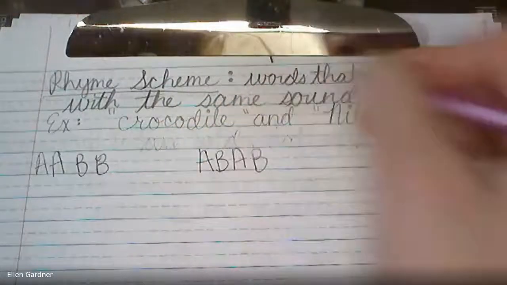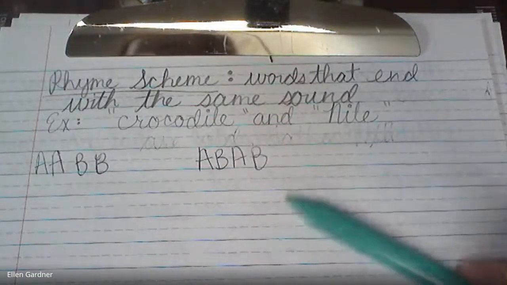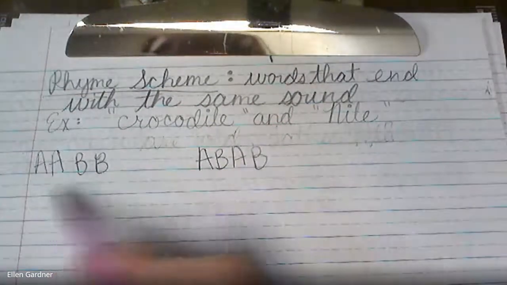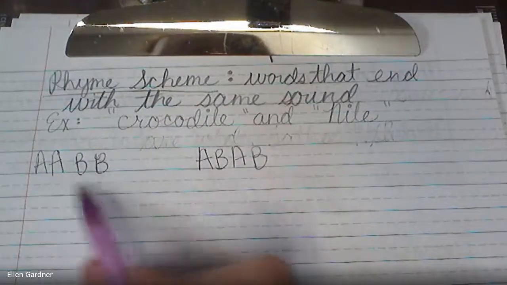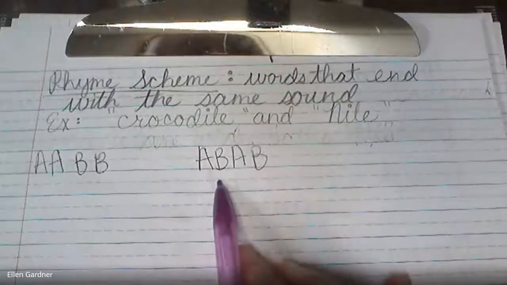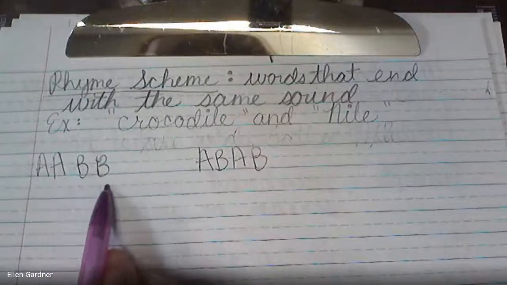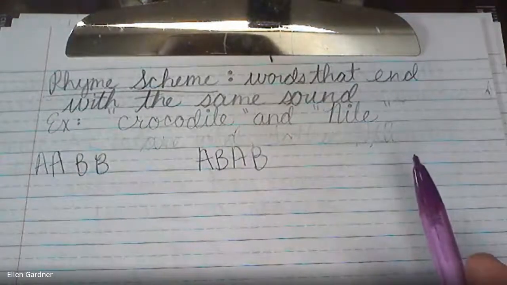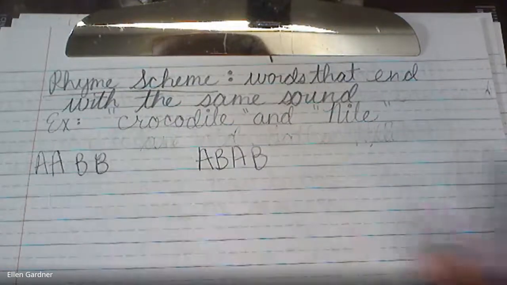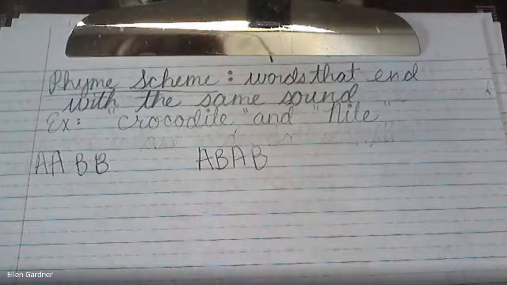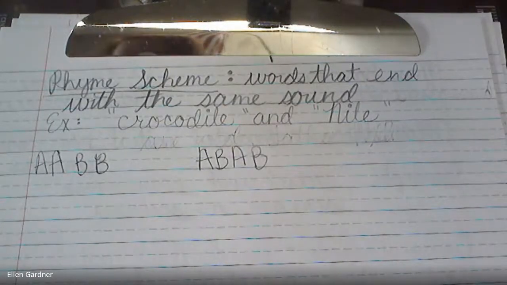Sorry, this is why I do the thick pencil usually, because it doesn't break as often. But so AABB or ABAB, every other: this one is every other line rhyming, and this one is two in a row that rhyme, and then another two in a row that rhyme. So you can write an example of that if you want to, but I'm just writing that as a little reminder. Don't want there to be too many notes today, though, so I'll leave it at that.